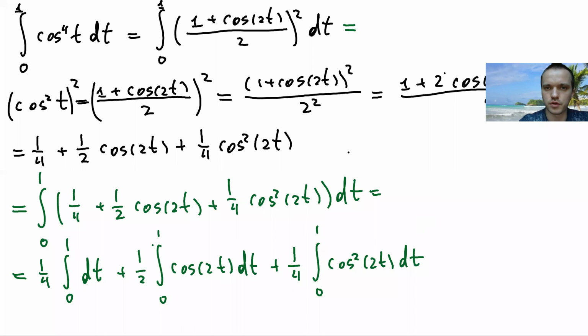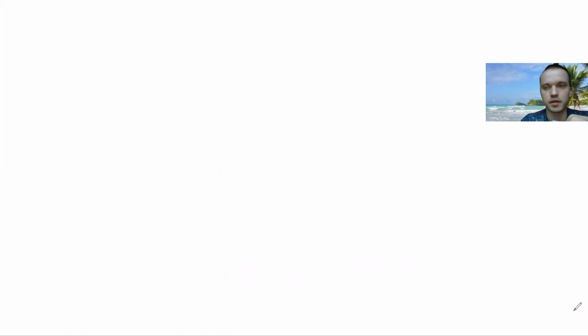Okay, so right now what do we want to do? We want to evaluate these integrals. The first integral is just 1 over 4 of t, where t changes from 0 to 1, using the power rule. For the second integral, I'm taking the integral of cosine.